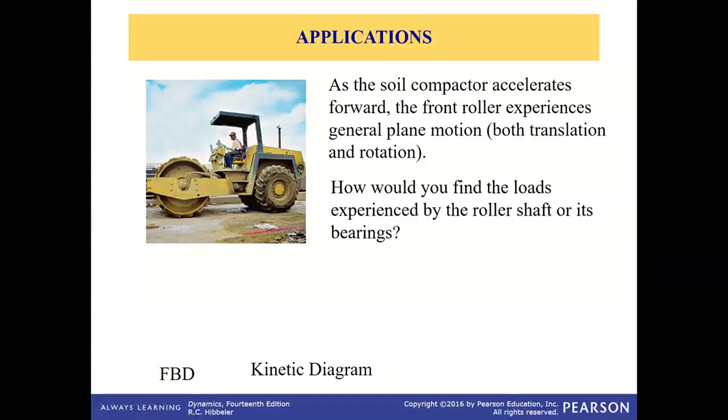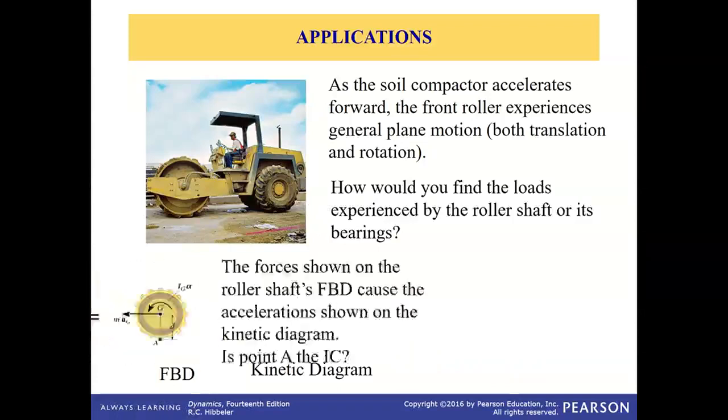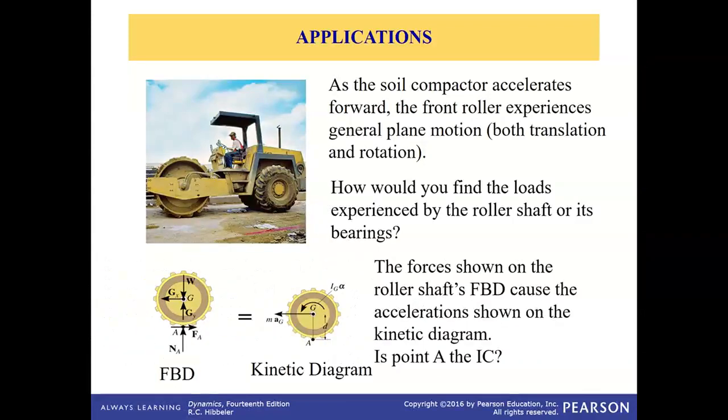So let's look at a few applications of rigid bodies undergoing general plane motion. In this soil compactor, there is a big roller which is used for compacting. Now the roller is not directly driven by the engine. The engine drives the rear wheels. So when the engine drives the rear wheels, they push the roller and then it does what it should.